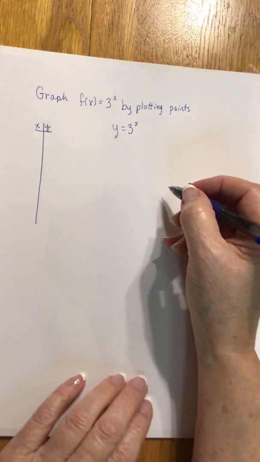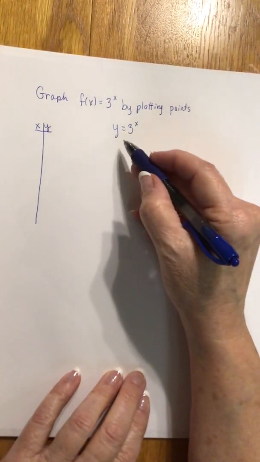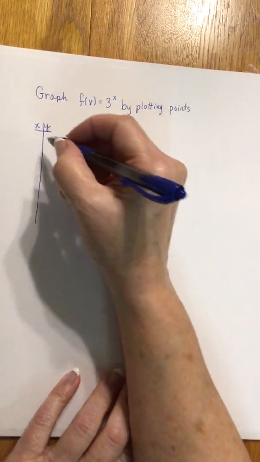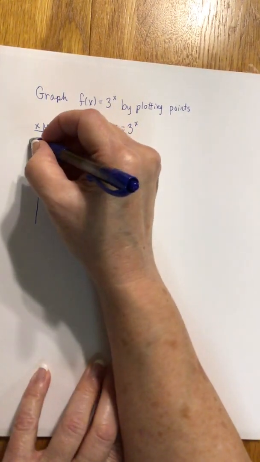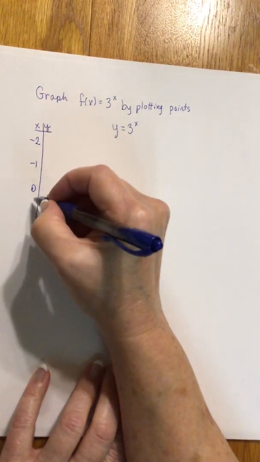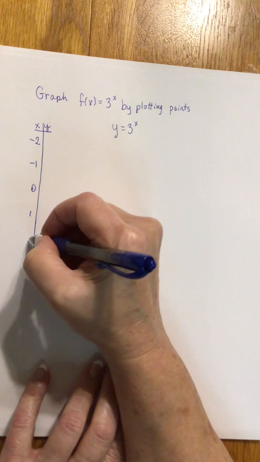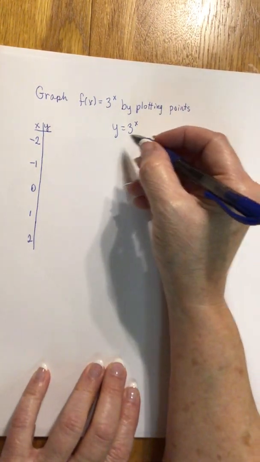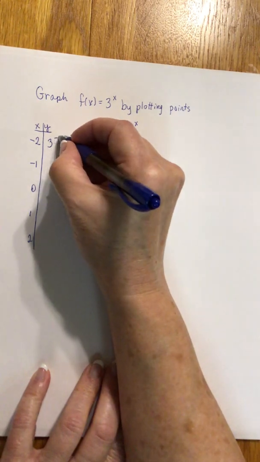So again, what is our input? Is our input the x or our input the y? Our input is the x. So we're going to start plugging in numbers for x. We're going to plug in -2, -1, 0, 1, and 2. So I get 3 to the -2.